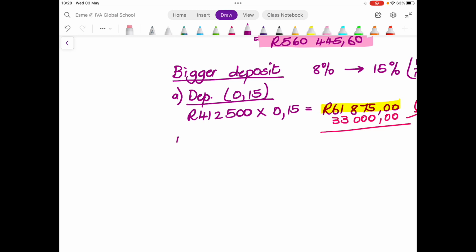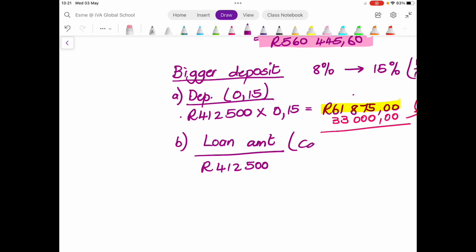Then we have to work out the loan amount. So the only thing that is changing is the loan amount to start off with. So we have got our loan amount for this is going to be this value minus that value. So it's going to be 412,500.